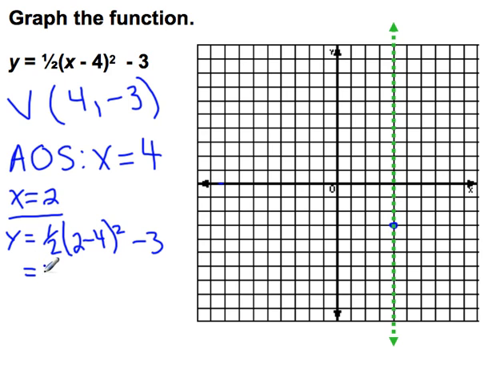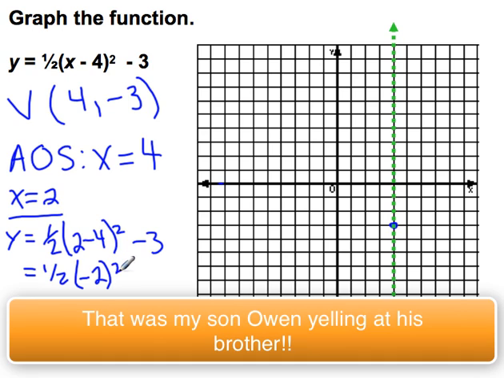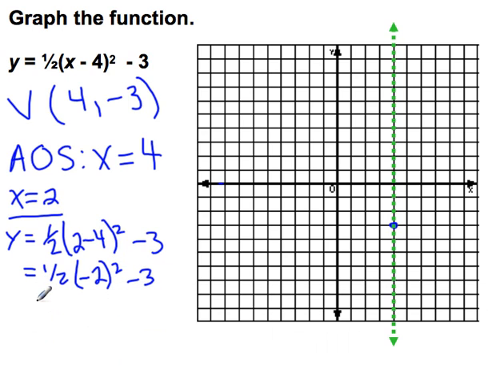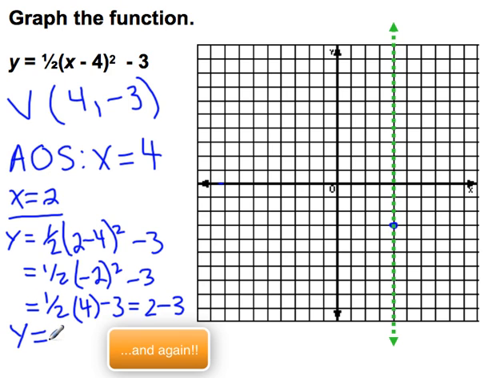Inside parentheses first, so I've got 1/2 times (negative 2) squared minus 3, which is going to be 1/2 of 4 minus 3, which is going to be 2 minus 3. So when x is 2, y is negative 1. I just found another point on the graph at (2, -1). So I'm going to go ahead and plot that. (2, -1) is here.